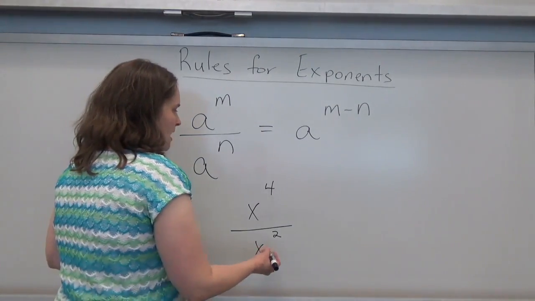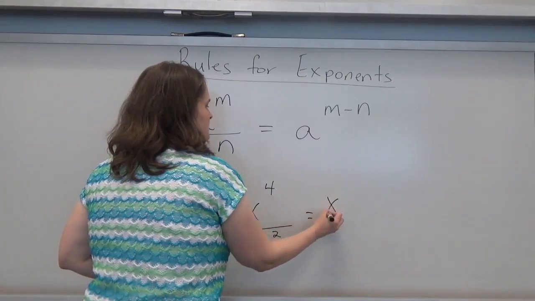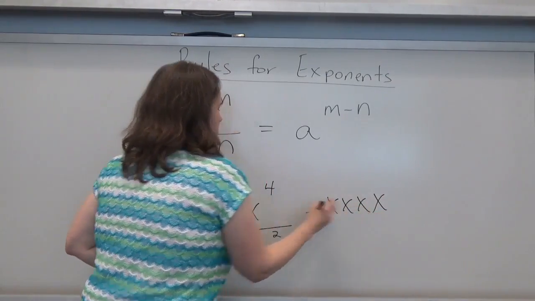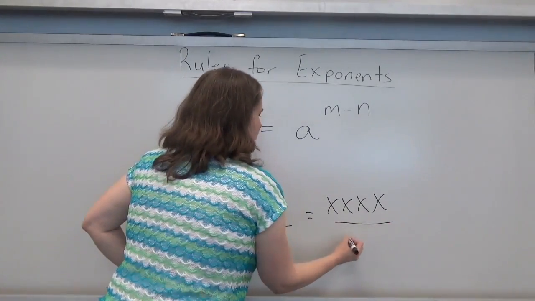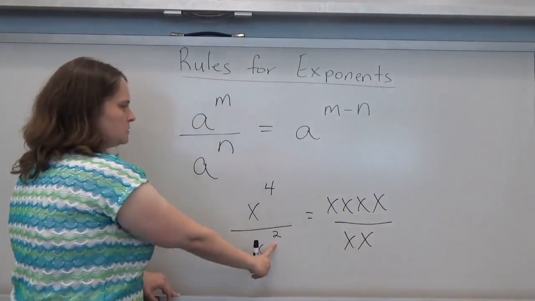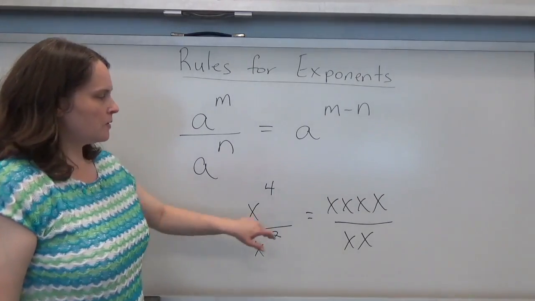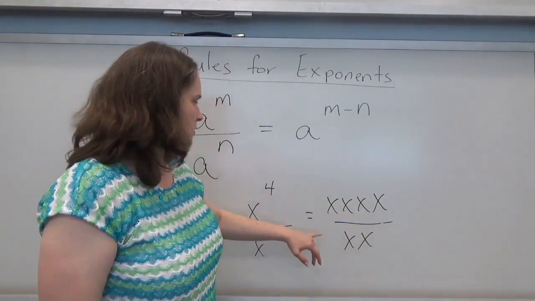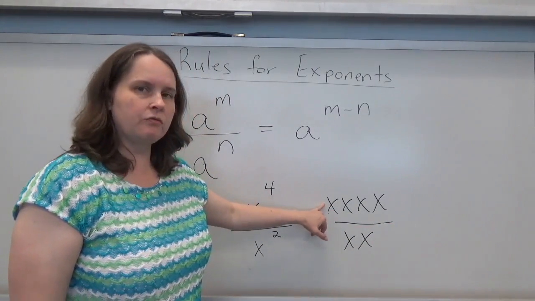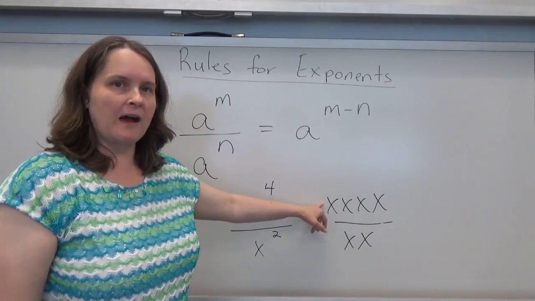If I list these out, that's x times itself 4 times. And then I want to divide that by x times itself 2 times. And I know when this is division, this bar means division, so if I divide a number into itself, that gives me a value of 1.